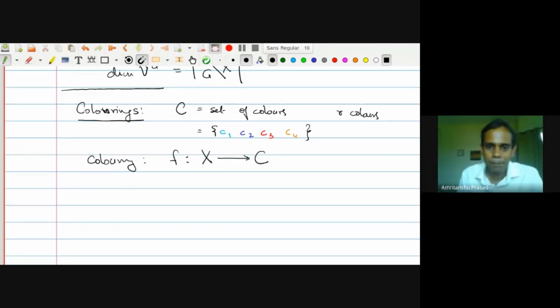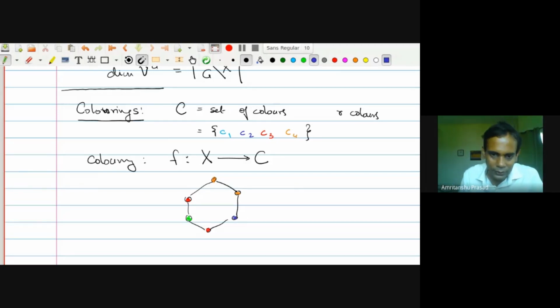So if X are the beads of my necklace, then a coloring would be like you put some colors in the beads. So I'll paint these two orange, I'll paint this and this red, and I'll paint this one green, and maybe I'll paint this one.